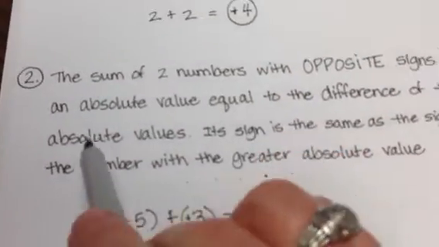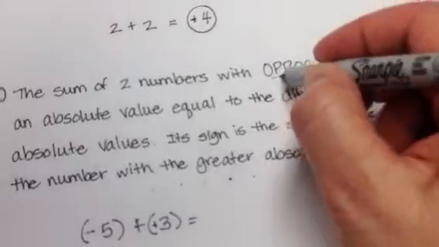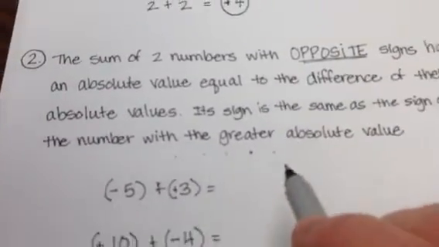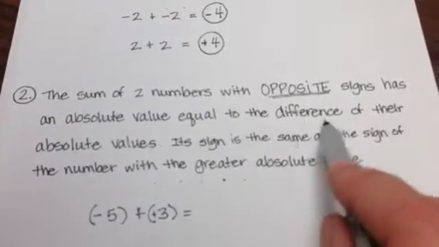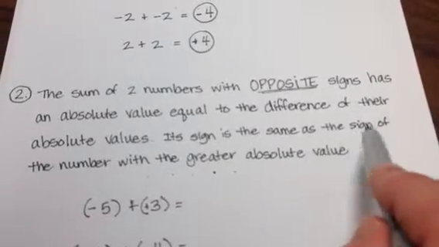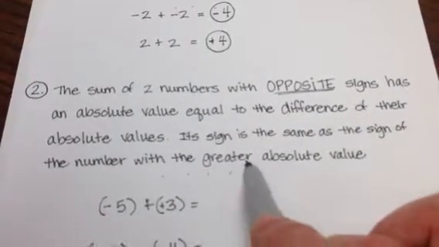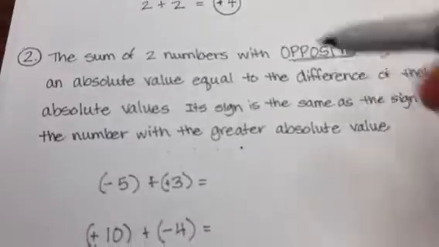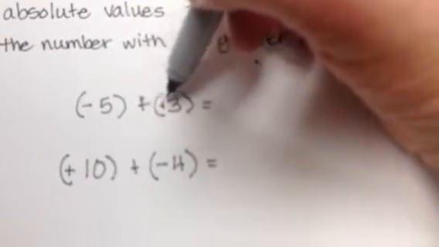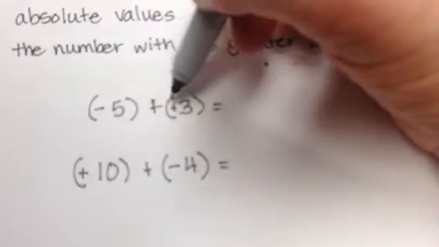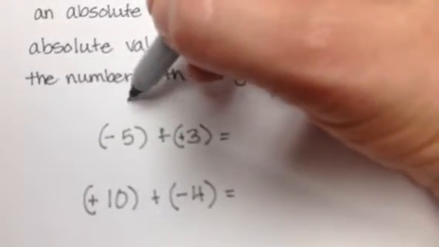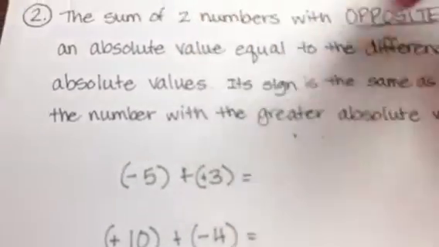Our next rule: the sum of 2 numbers with opposite signs has an absolute value equal to the difference of their absolute values, and its sign is the same as the sign of the number with the greater absolute value. All right, so I have -5 plus +3. Opposite signs. I'm going to think absolute value, that would just be 5, right?